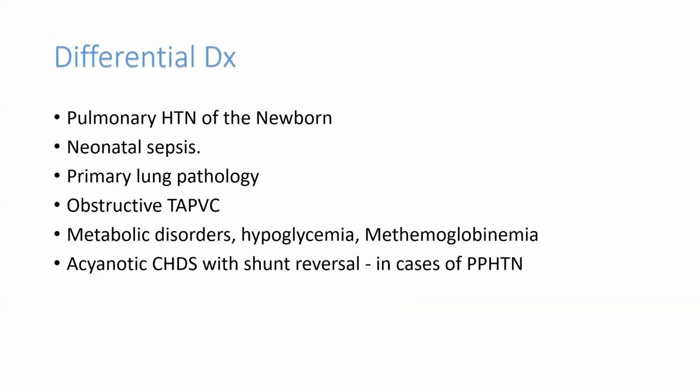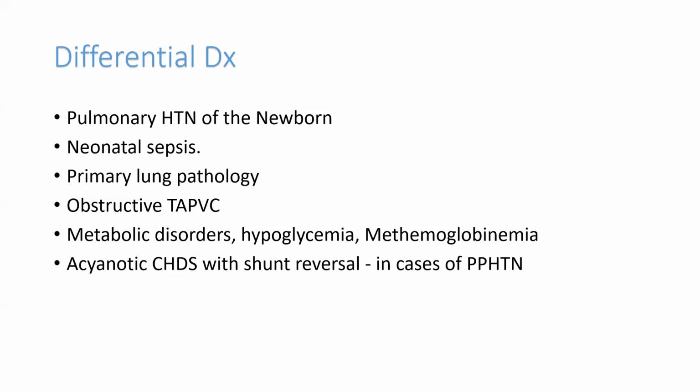It's important to always rule out pulmonary hypertension of the newborn, especially in a baby with perinatal asphyxia, or born post-dates, with meconium aspiration. Neonatal sepsis, especially in our setup, can also present with features of reduced circulation.